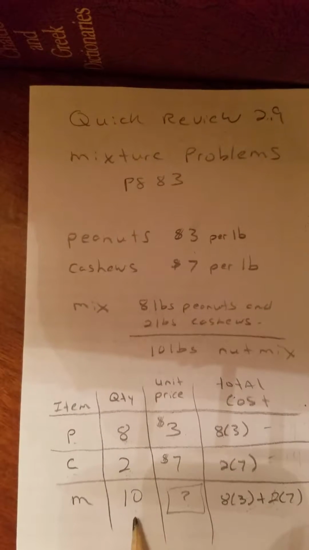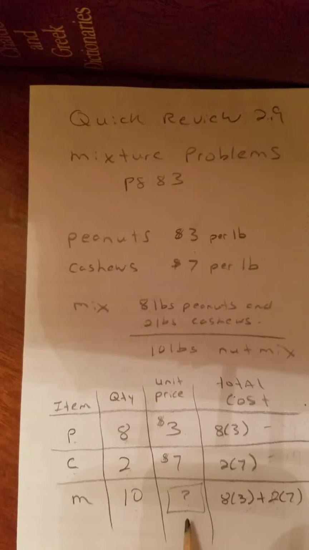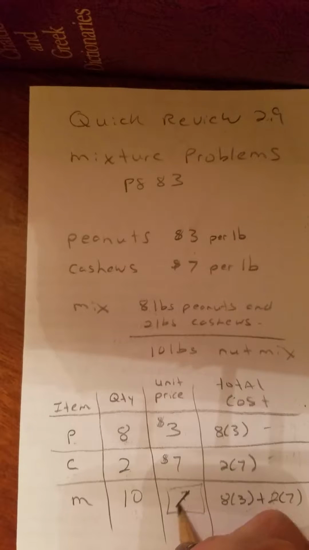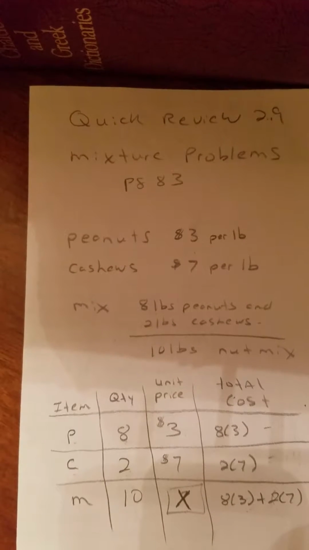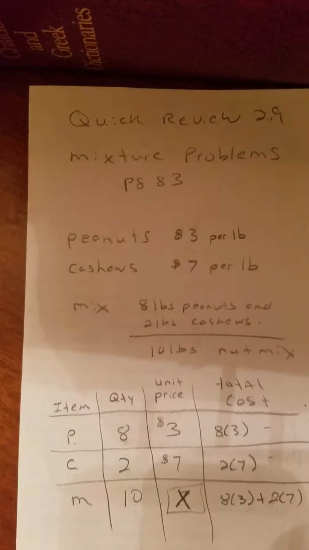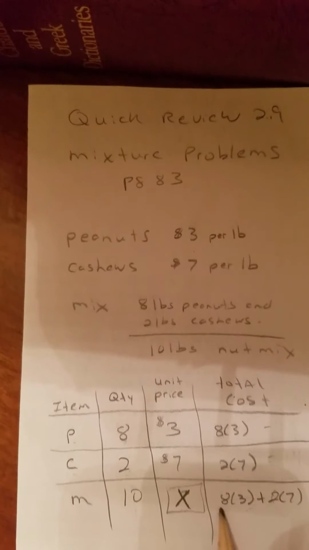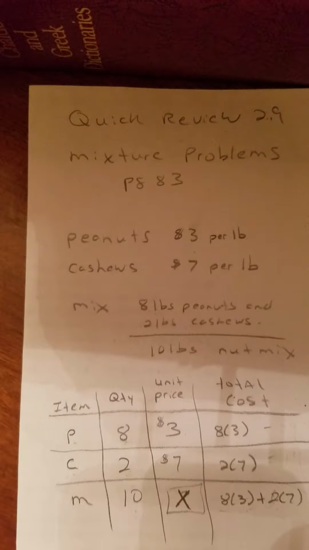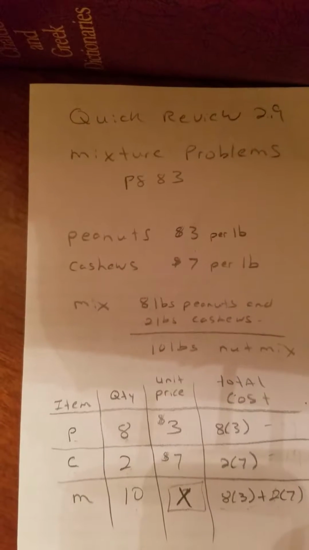Remember, this is the amount of pounds, and this is the cost per unit, and I want to find out what the cost is per unit. So in this place I'm going to put a variable. I know if I take the quantity times the unit price, which is 10x, it should equal the total cost. I'm going to write it this way just so that you can see the math.